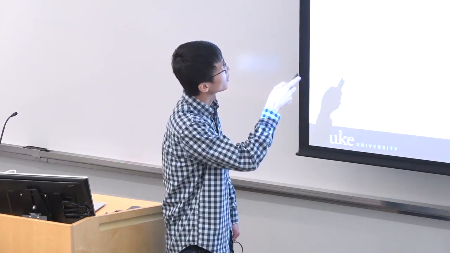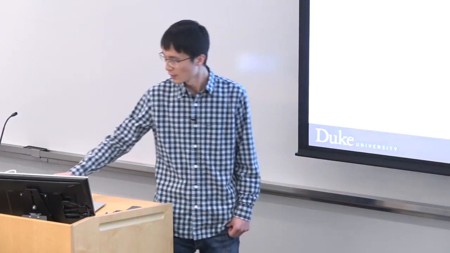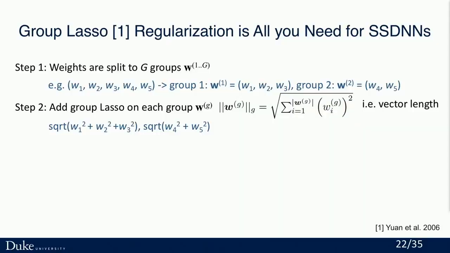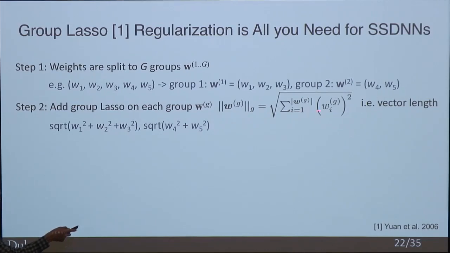We first split the weights into a lot of groups. Here is an example. We split them into 2 groups, and then we add group lasso regularization on each group, which is basically the vector length of the group. So here is the group lasso on those 2 groups.